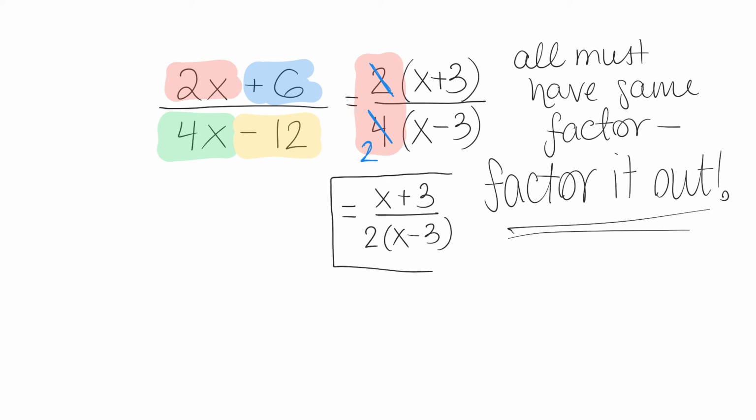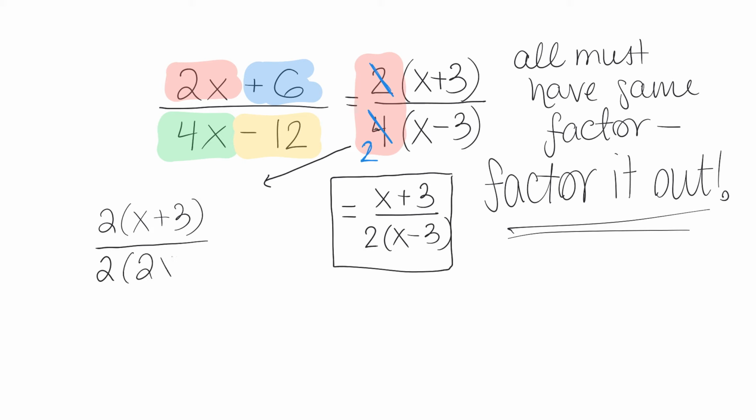So that works. Now, I hope, someone is saying, well, is there a different way to do this? And there is. You could have done the 2x plus 3 in the numerator, and then in the bottom, you could have factored out just a 2, and that would have left you 2x minus 6, and then your 2's canceled, and your answer would have been x plus 3 over 2x minus 6.